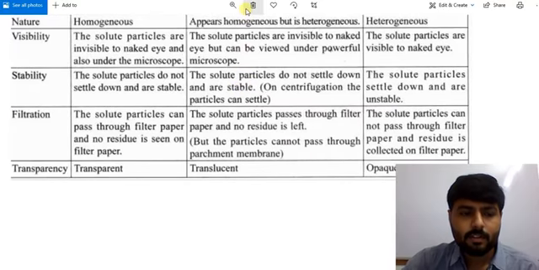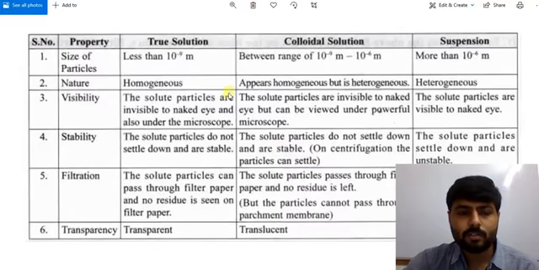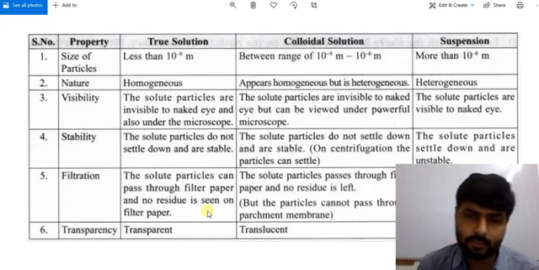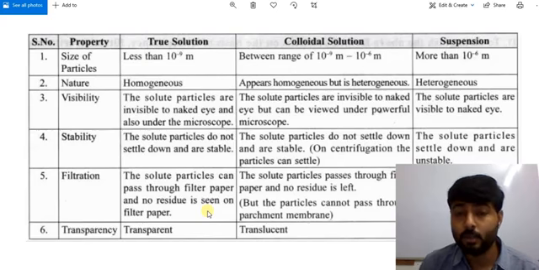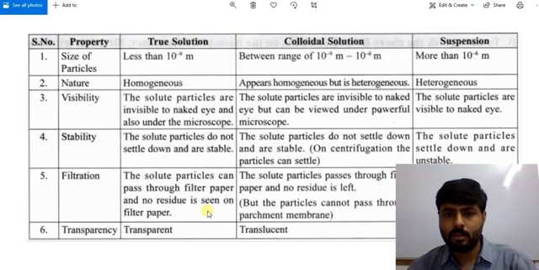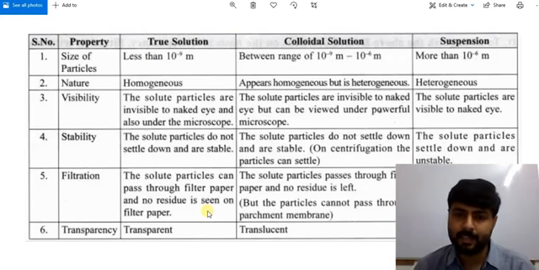Transparency. Solutions are transparent, which means we can see through the solution. Colloidal solutions are translucent, which means not completely opaque, not completely transparent.